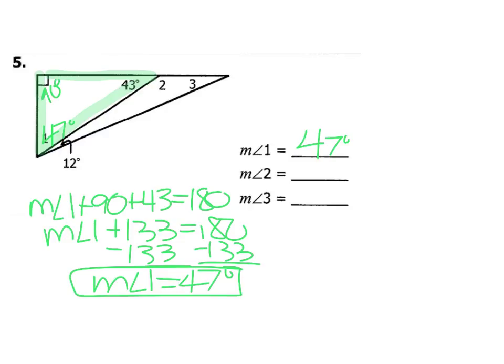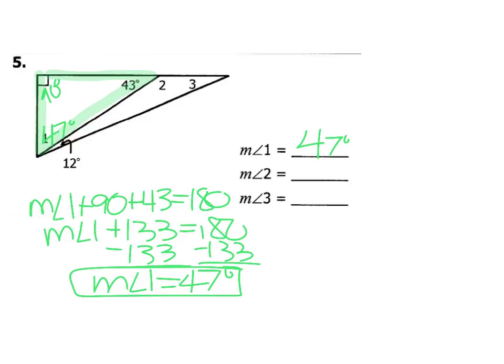Now, if we want to find the measure of angle 2 and 3, what we can do is we know right off the bat that 43 and angle 2 are a linear pair, all right, because they form a straight angle, they form a straight line. So 43 plus the measure of angle 2 has to equal 180 because linear pairs are supplementary.